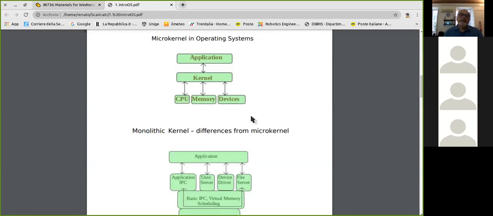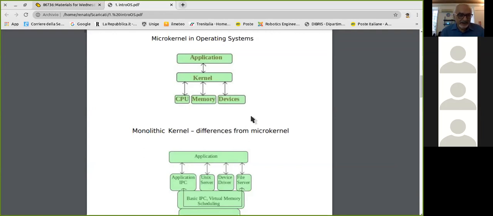And there is another concept that I assume you know: any computer has two ways of working. One is called user space, and the other is called reserved or kernel space.